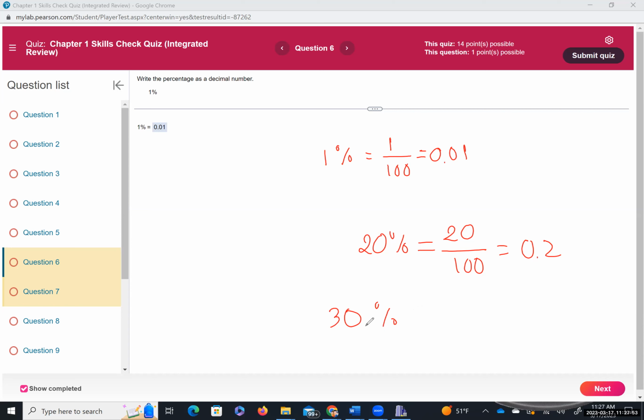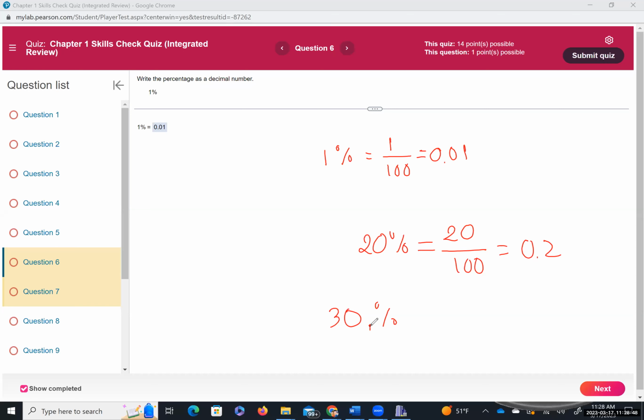So you move 1, the period is going to be here, right?